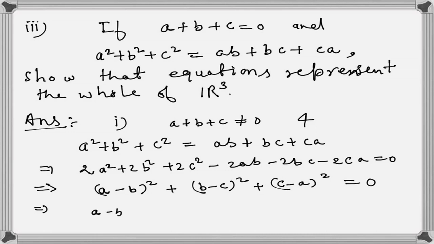So this implies that each and individual term has to be 0. This implies that A minus B is 0, B minus C has to be 0, C minus A has to be 0.